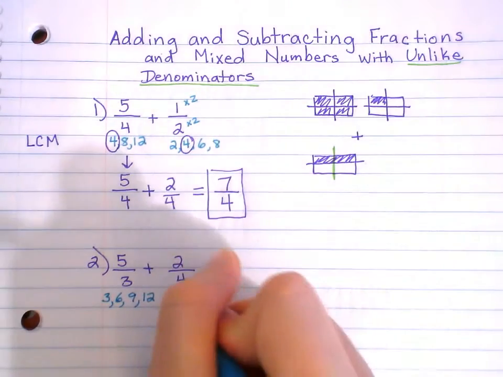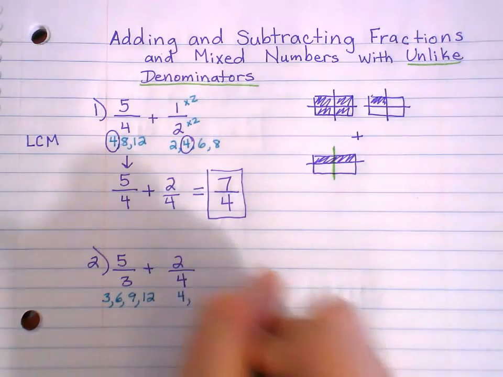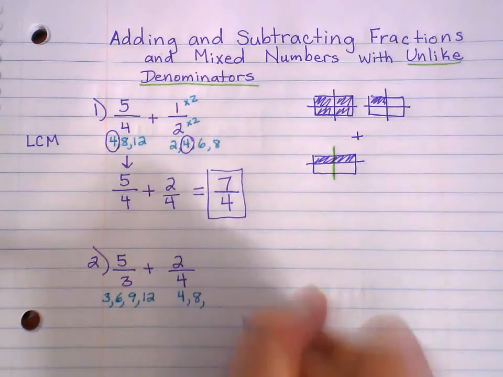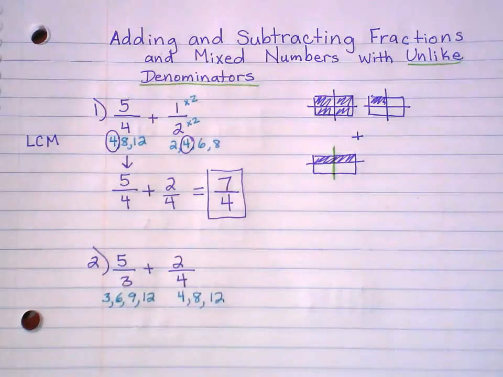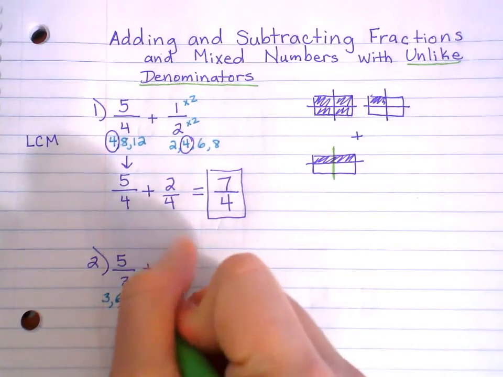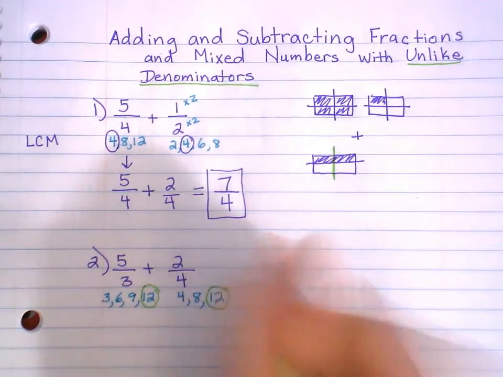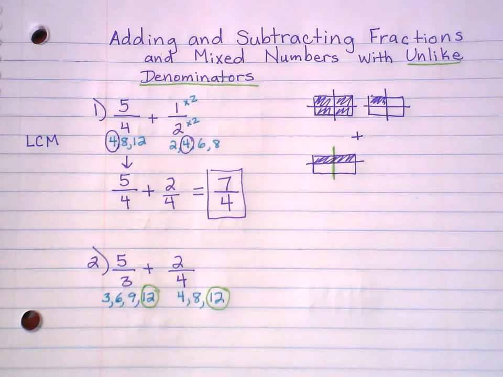Okay, let's count by 4s. 4, 8, 12. Oh, they both have 12. Okay, circle it. That's it. That's the smallest number that they have in common. That's the LCM. So we're going to change both denominators into 12.